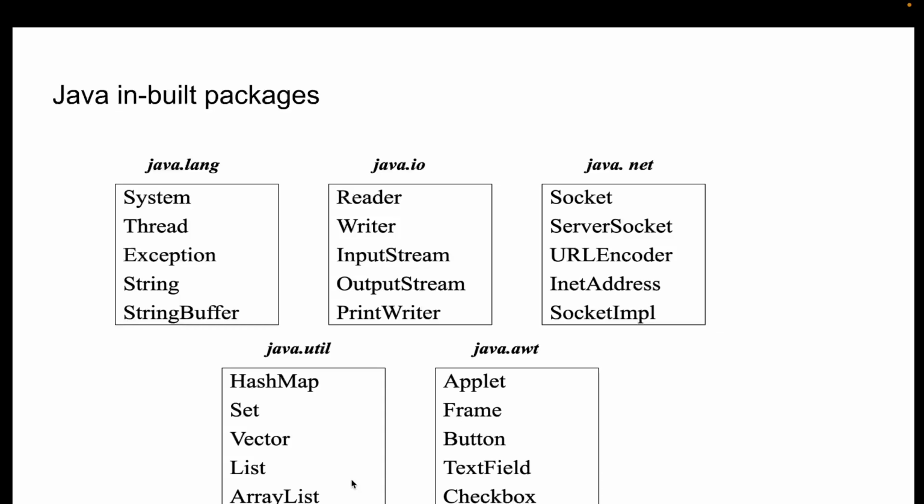When we study the collection framework and some of its data structures, we'll be using java.util a lot. These are some of the Java built-in packages. When you create any class object, or start using any of these classes, you will see that the editor automatically adds import statements at the top of your class. We'll see that when we create a demo. I'll show you how you can use these built-in packages as well.